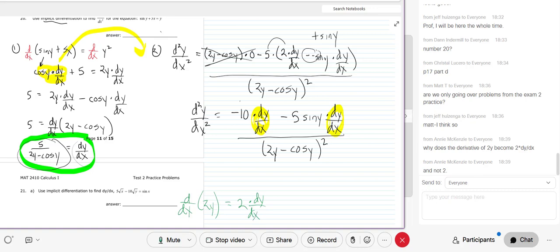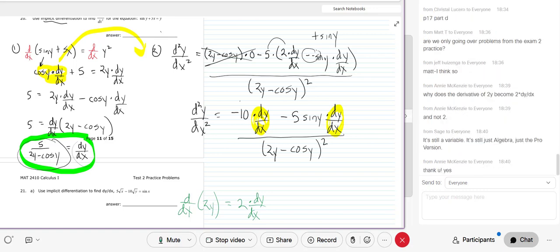Did I have that in there? Looks like I got it right here. I've got 2 times dy over dx, so I think I'm okay. Does that make sense, Annie? Yeah, it's still a variable, so it's the number in front.